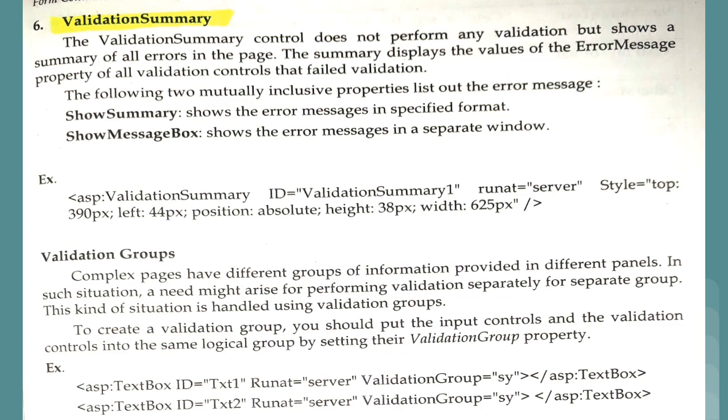There is an attribute like style equal to top, which they have used in the current example, but if you want, you don't need to set anything. Just take a validation summary control from your toolbox, drop it and run the program. You will get all the errors present on your page in a bulleted format because of the validation summary.